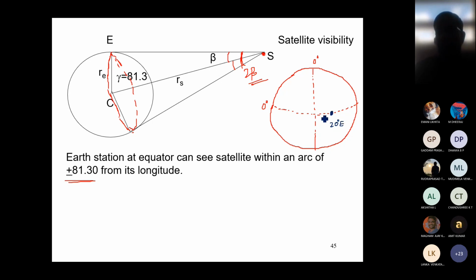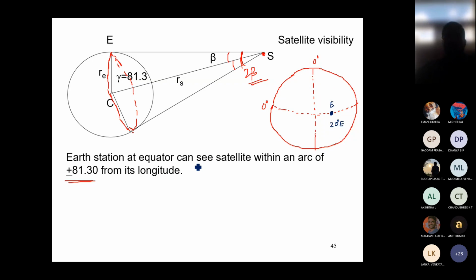Obviously it will be east because I am taking the eastward direction. And what will be the latitude? Obviously latitude will be 0 because it is on the equator. Equator means 0-degree latitude, so by default the latitude will be 0. It has only the longitude value, that is 20-degree east. So this is the point where the Earth station is.